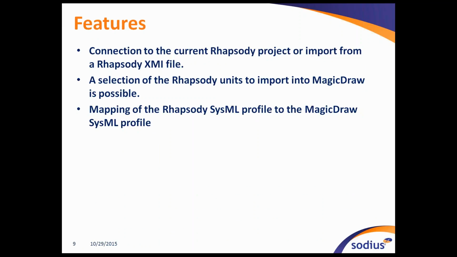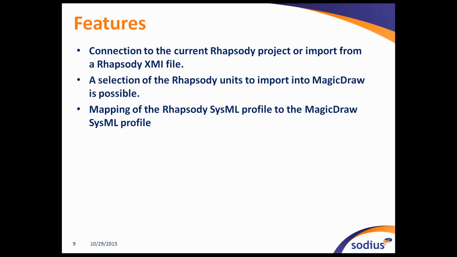The most important feature of this bridge is that we can connect to the current Rhapsody project, or we can import from a Rhapsody XMI file. The interest is that when you have already exported your Rhapsody model, you don't need to have your Rhapsody project open, except if you want to have the graphical information.